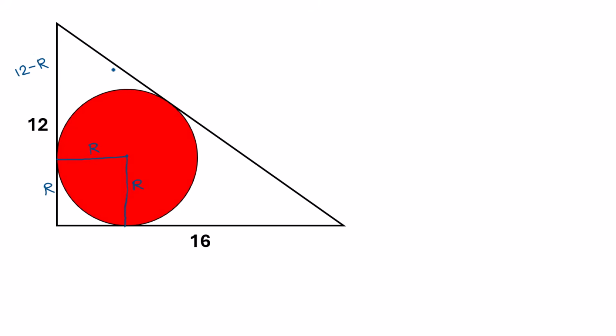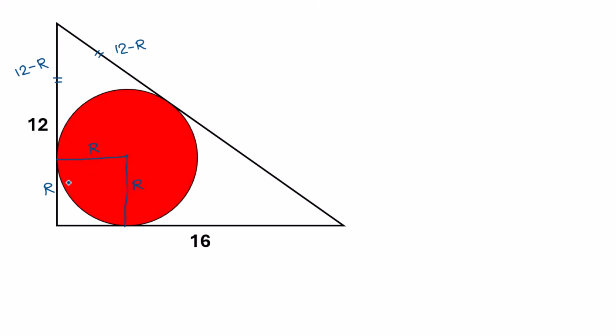Now these two lines are tangents of this circle and both meet here, so this length is equal to this length. As this is 12 minus r, this length is also 12 minus r.